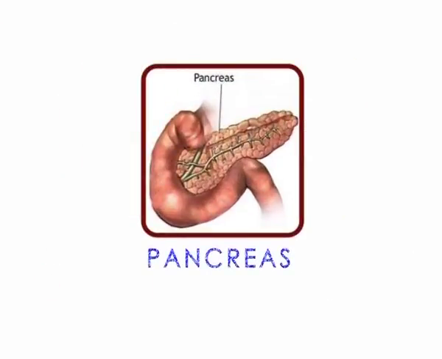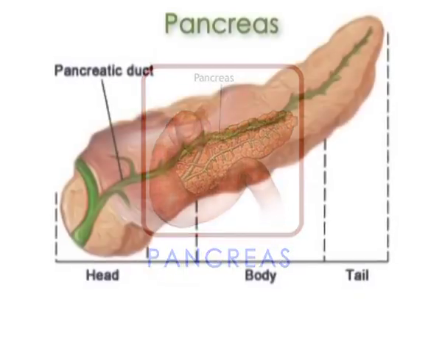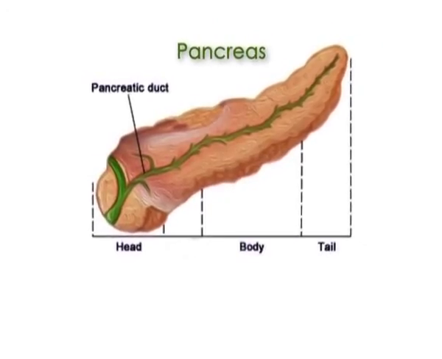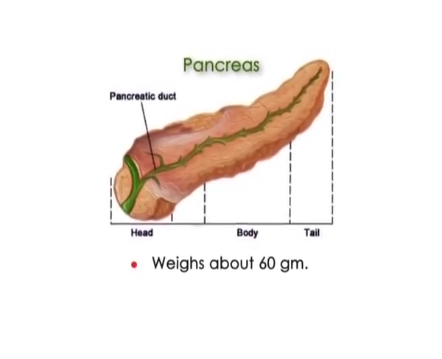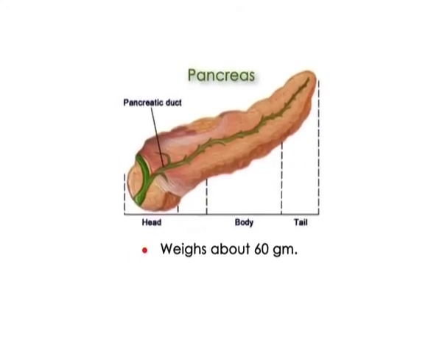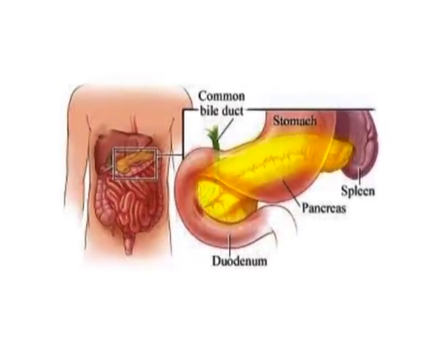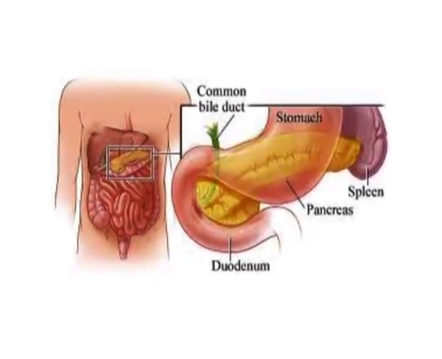Next comes the pancreas. The pancreas is a soft lobulated grayish pink gland which weighs about 60 grams. It is about 2.5 cm wide and 12 to 15 cm long, located posterior to the stomach in the abdominal cavity.